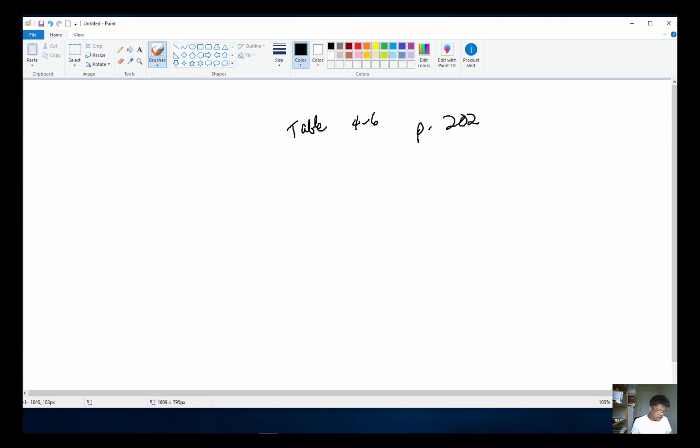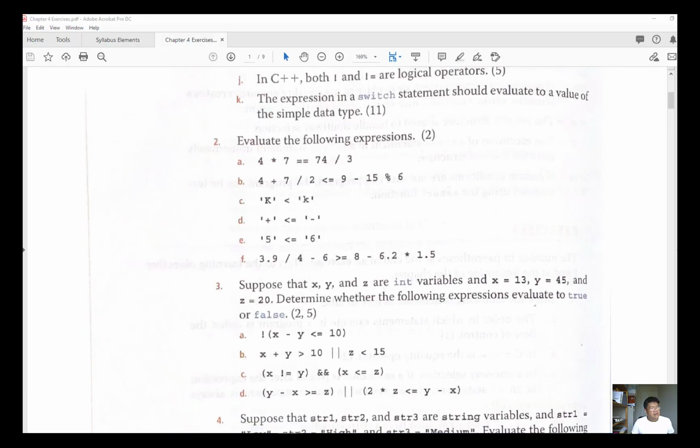Okay, so here's what I'm going to do. Let me pull up some of the exercises in the back of the book, and we'll do some exercises together. All right, hold on. So what I have done is I pulled up chapter 4 in the back of your book, and I'm going to do number 2 with you.